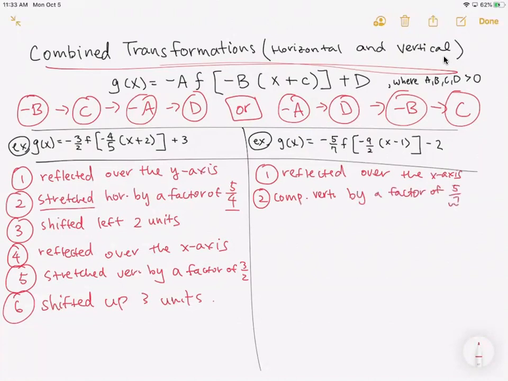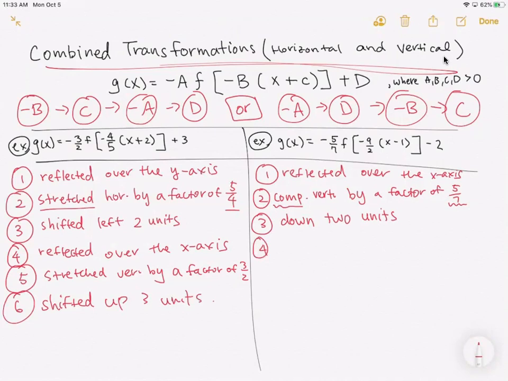Since 5/7 is less than 1, it will be compressed. And then we know that it will be down 2 units because our d value is -2. Or you can say shifted down 2 units.